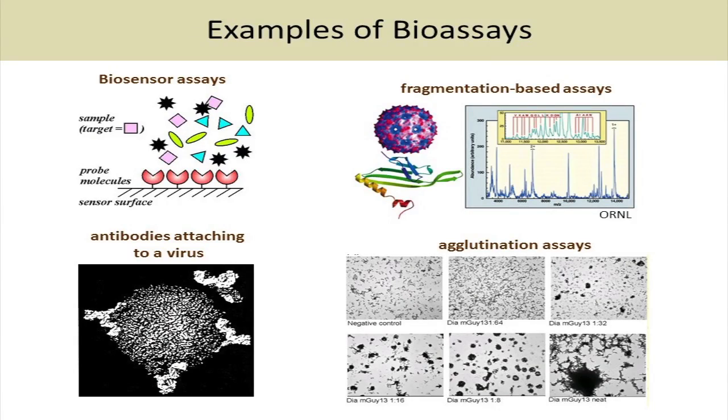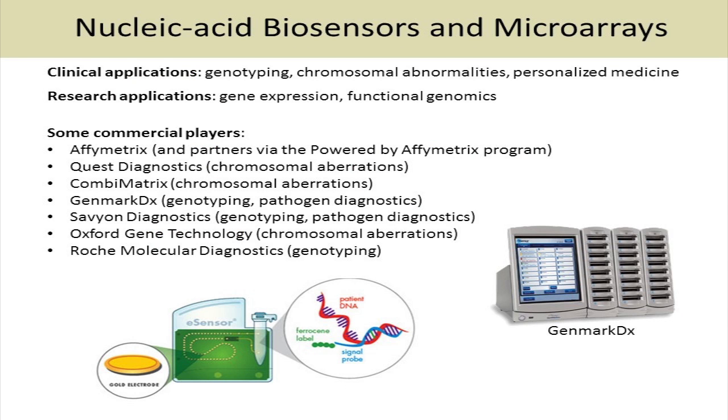Now, we work mostly with biosensor concepts that are aimed to detect nucleic acids, and sort of related technology of DNA microarrays. So that's what I'll focus the talk on. To give you some ideas of applications that are out there commercially, here's a list of some of the companies that market clinical as well as research focused products.